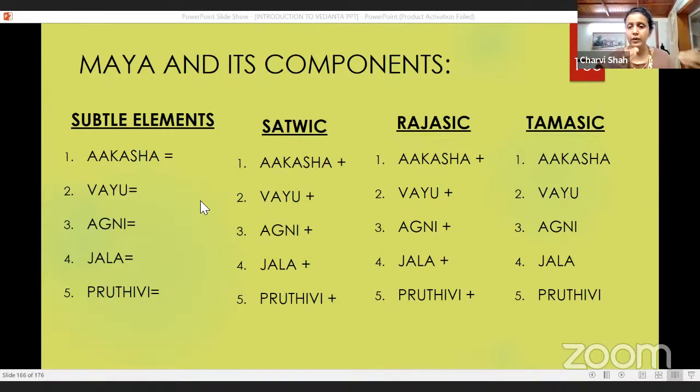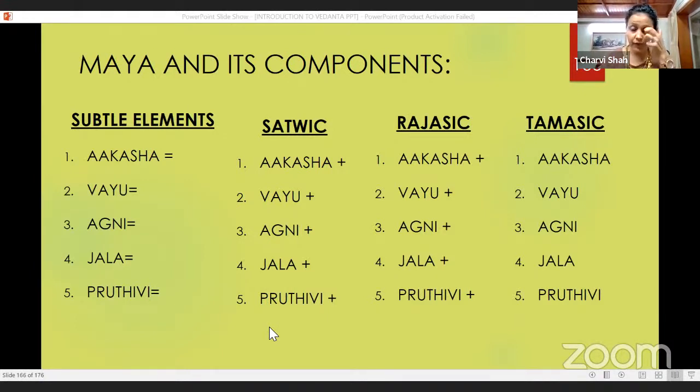Same way, Vayu, Agni, Jala, Prithvi, all the 5 elements have a sattvic, a rajasic, and a tamasic component. Correct? Now, we saw that out of these 15 components, 5 sattvic, 5 rajasic, and 5 tamasic, out of these 15 components, उनके permutation combination से क्या-क्या बनता है?